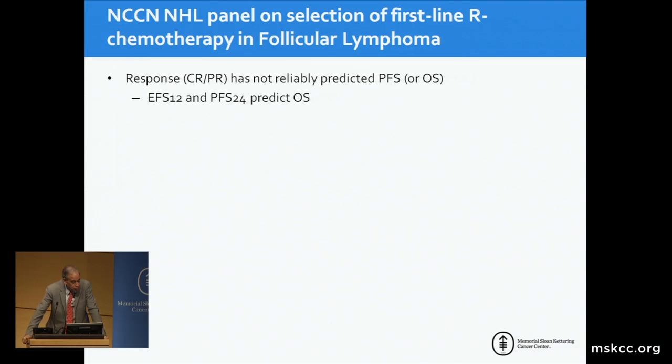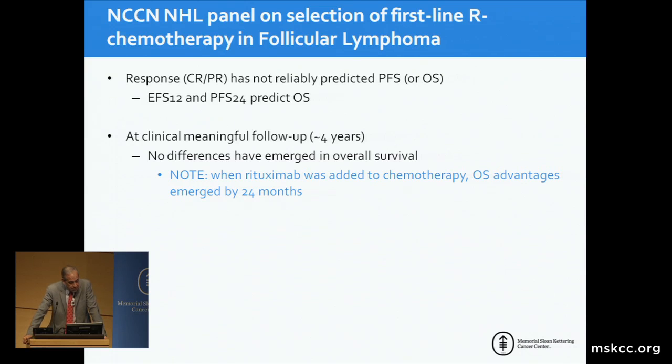So how do we interpret this in the NCCN panel? We recognize that overall response is not a reliable predictor for progression-free or overall survival, that EFS 12 or PFS 24 are better predictors for overall survival. At clinically meaningful follow-up, there are no differences in the chemoimmunotherapy that have emerged.